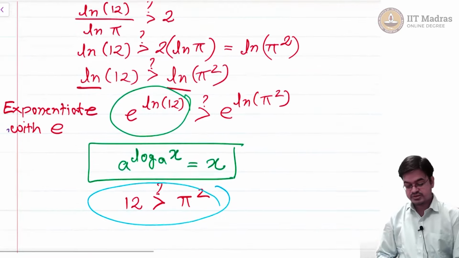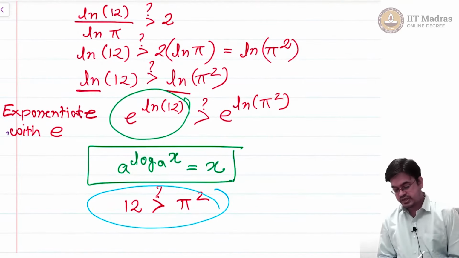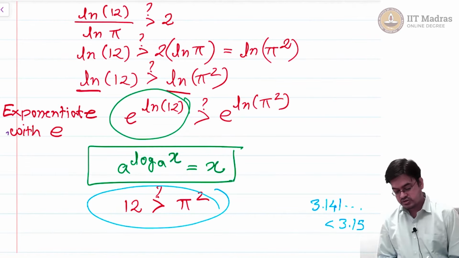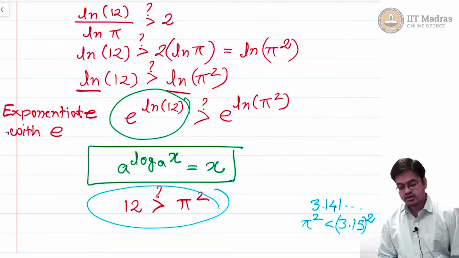Now how to prove this? Very easy. What is pi basically? It is 3.141 something something, right? This number is strictly smaller than 3.15. So pi is smaller than this, therefore pi squared will also be smaller than 3.15 squared, right?